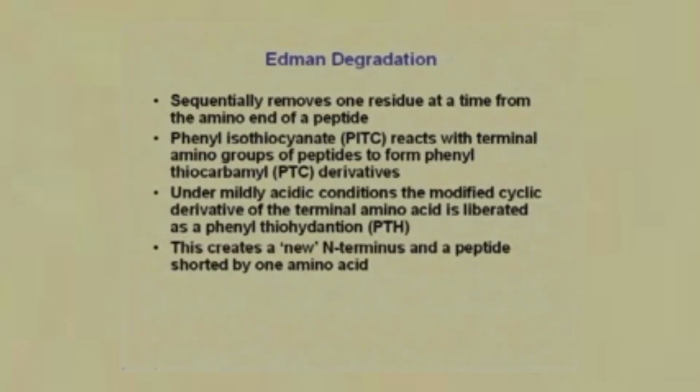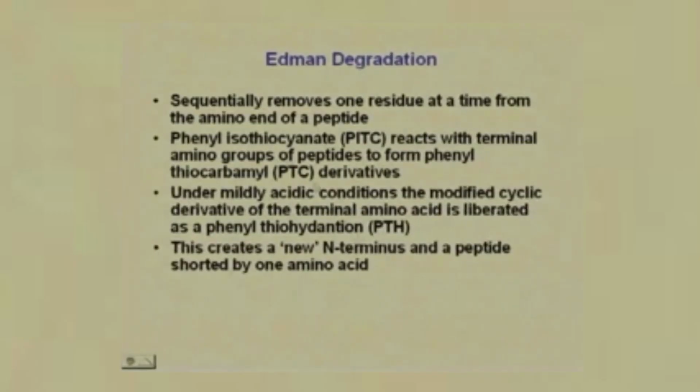The C terminal is a different thing altogether. The PITC reacts with the terminal amino groups of the peptides to form a PTC, or phenyl thiocarbamyl derivative. Then a slightly acidic condition liberates this as what is called a phenyl thiohydantoin derivative.